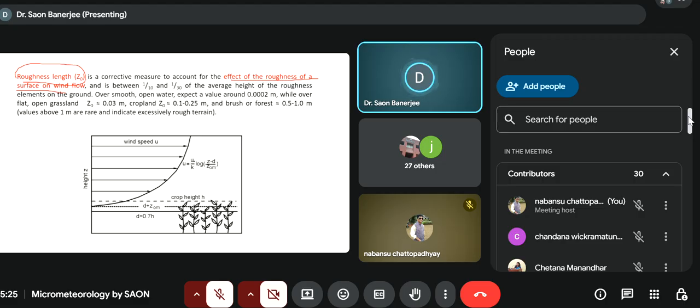So after this D plus Z0, we are getting this wind, and that wind increases with the log value.